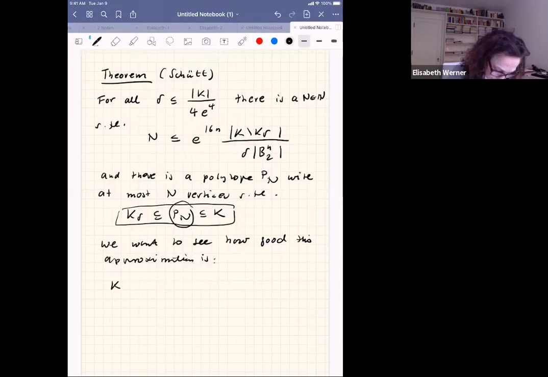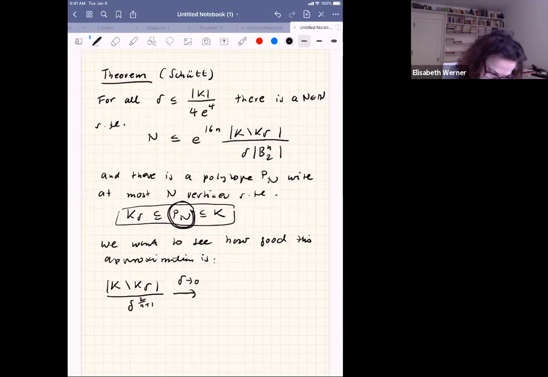It is the volume difference of the body and the floating body, because this approximating polytope is squeezed in between. We know from our previous lectures that this volume difference divided by delta to the 2 over n plus 1, as delta goes to 0, is this constant Cn.